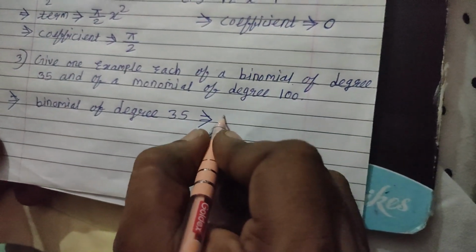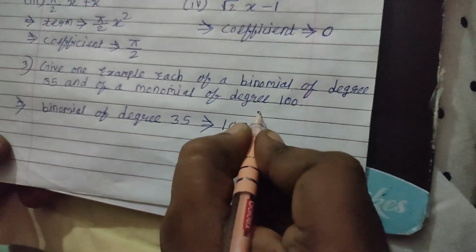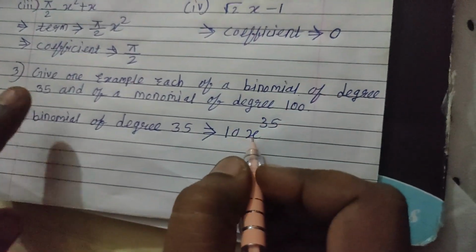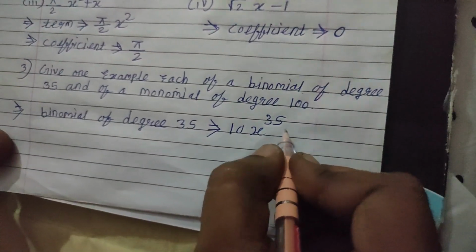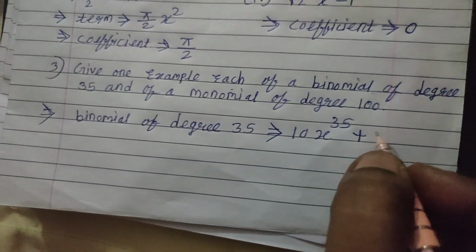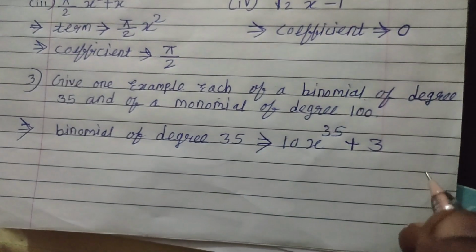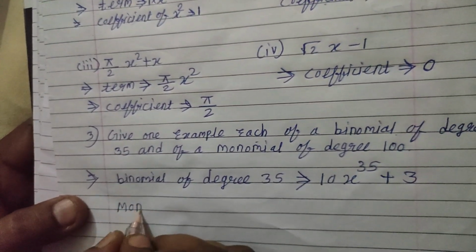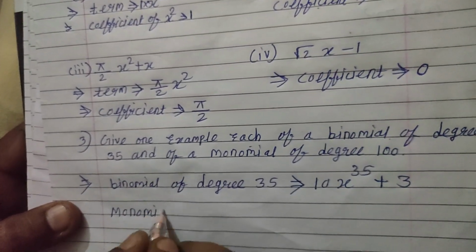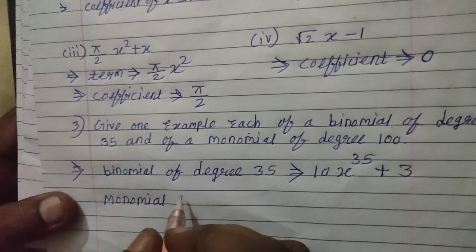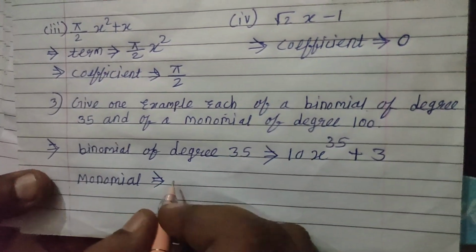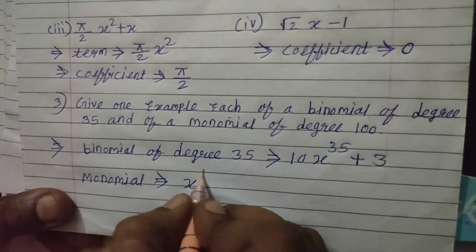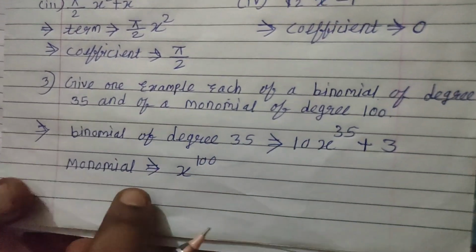So I am taking 10 x raised to power 35, because the degree should be 35, plus you can write any term with any lower degree. So I am writing here 3. Okay. Now monomial. Monomial means an expression having one term and the degree should be 100. So here directly you can write x raised to power 100. That also will be an example.